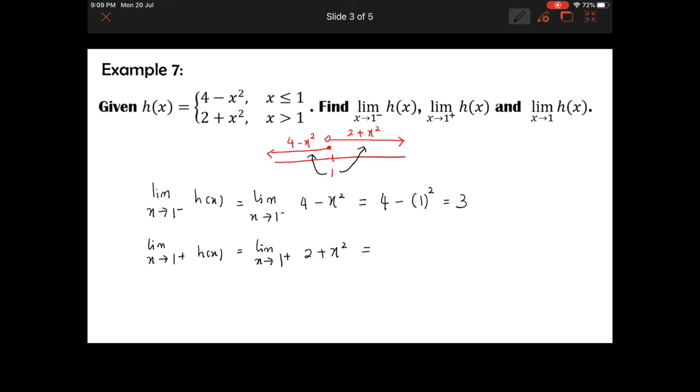Now, directly substitute the limit value into our function, so we're going to get 2 plus 1 squared. So our final answer is also 3. Since we get the same value for both answers, we can conclude that the limit as x approaches 1 of h(x) is equal to 3.